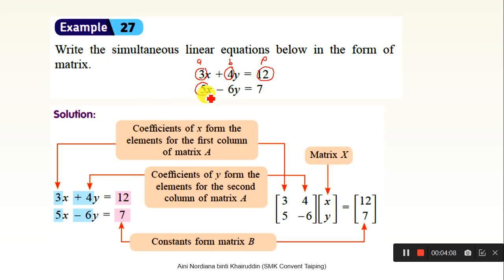So 5 here is c, negative 6, don't forget the negative sign, this is d, and 7 is q. So you just put it in matrix form: 3, 4, which are A, B, C, D, then 5, negative 6. And the second matrix, which is matrix X: x, y, the unknowns, equals p, q.